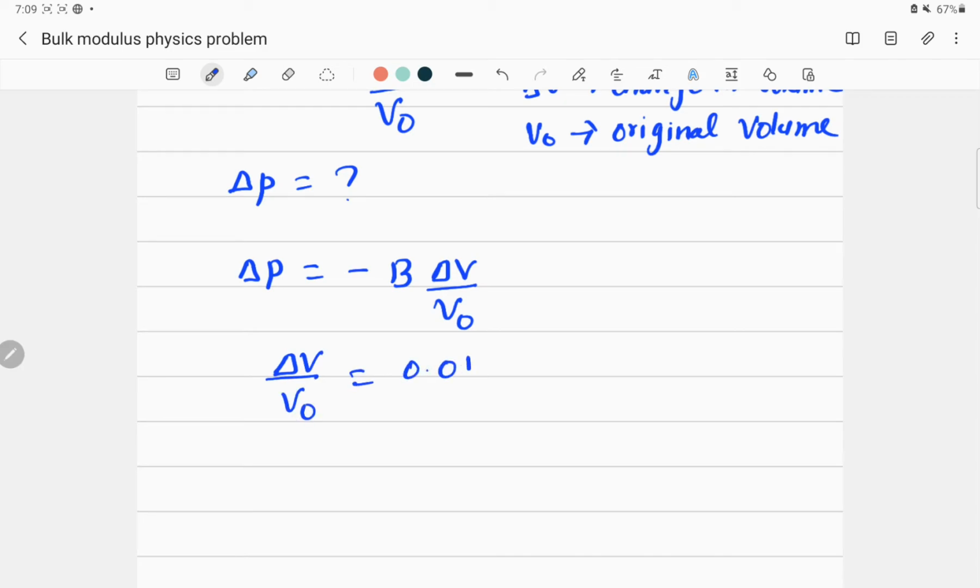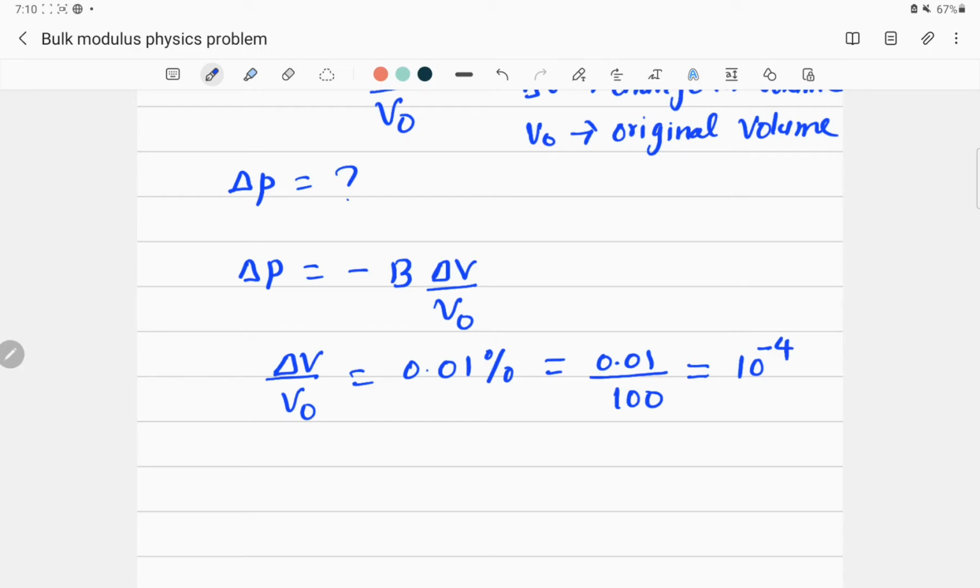Converting percentage to a number, you divide by 100: 0.01 divided by 100 gives 10 to the power negative 4.